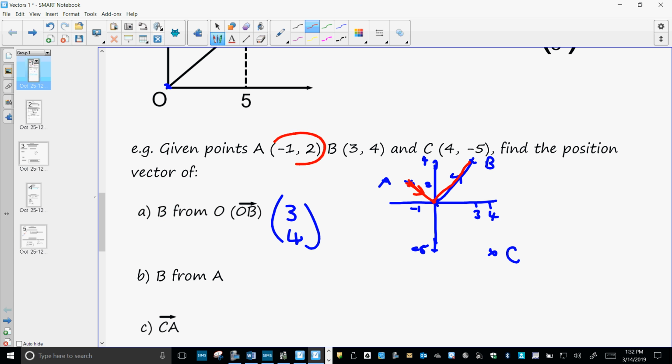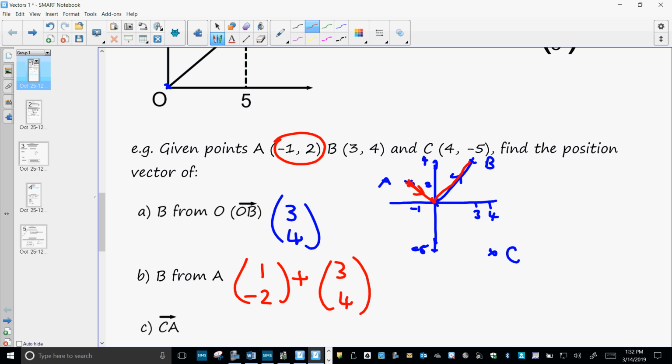Because it's the opposite of this. So we're going +1 and -2. And then I'm going to go up to B. So then it's my 3, 4.